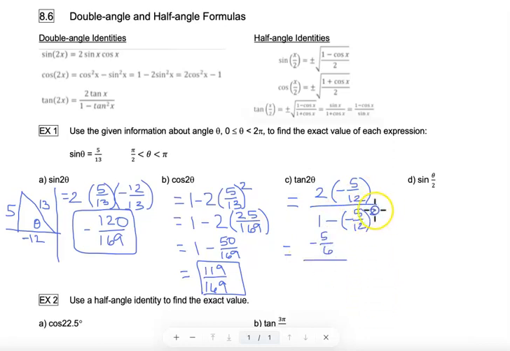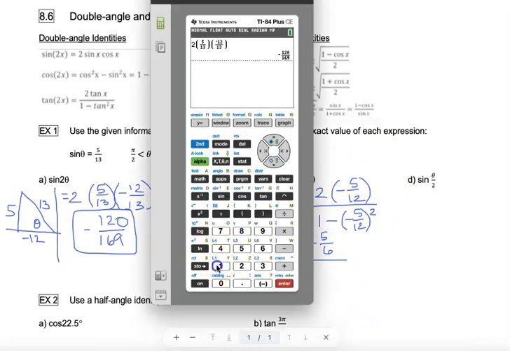In the denominator, when I square this, that's going to give me 25 over 144. So then I've got 1 minus that. So 144, oops, helps if I actually type it in correctly.